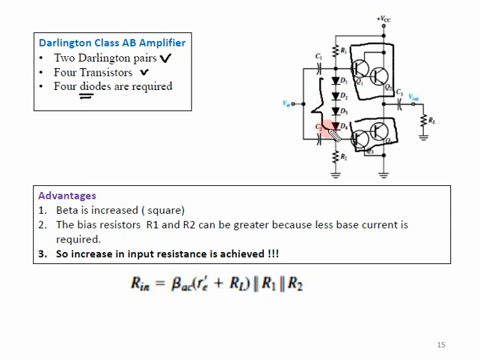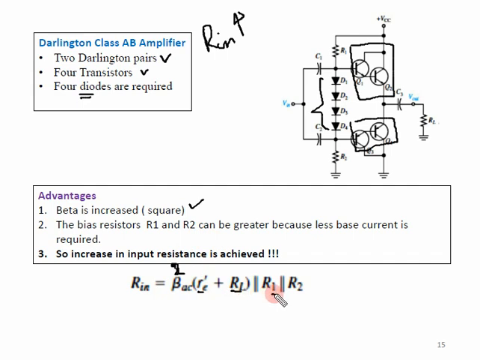Now this would increase the input resistance, R in. You will get a good R in for that. This is increased because of some factors. Why? Beta is increased, it is squared. For a single transistor we have beta, but for a Darlington pair this becomes beta squared. So with the value, this is squared, RE is 1, RL is 8.